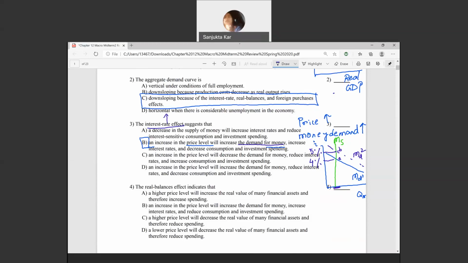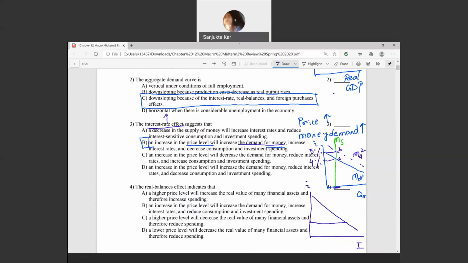Now, then comes the next part. Interest rate is up. What happens to the investment? If we have interest rate on the vertical axis, quantity of investment on the horizontal axis, we can draw the investment demand curve, which is a downward sloping straight line. And we really did this in the last chapter on basic economic relations.